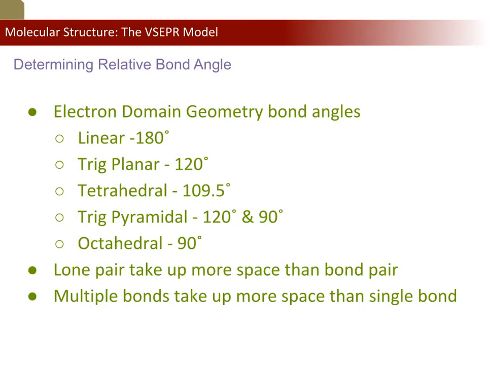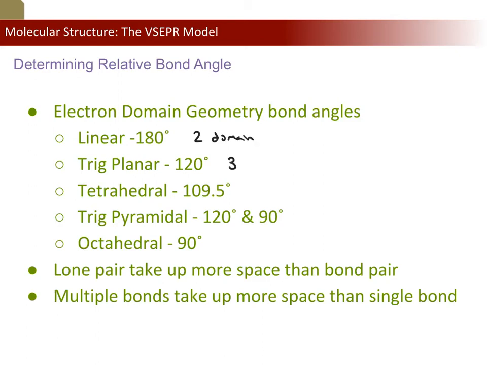So here's a summary slide of the bond angles that you need to know by memory for the quiz or the test. Remember, the bond angles are based only on the electron domain geometry and not the molecular geometry. So for the linear, where you've got 2 total domains, the bond angle is 180 degrees.